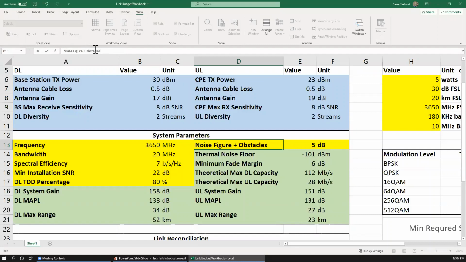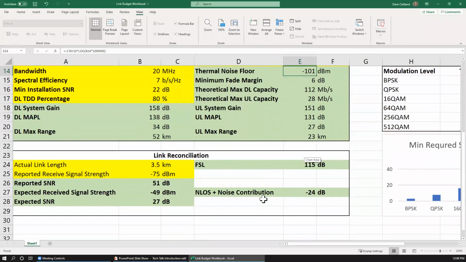At 5 dB, that means I've only taken noise figure into account, not obstacles. But if I want, say, 20 dB of obstacles, I can make this 25 dB, and then when I work this into my calculation, now, why didn't my sheet work?